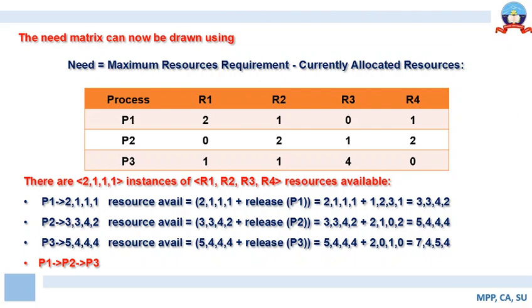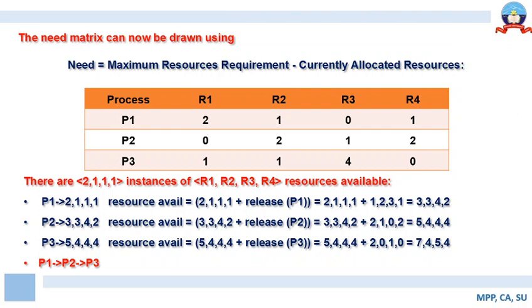So it will release both sets of resources. In total the system will now have 7454 instances of available resource, with P1, P2, P3 having completed their execution. Here I've selected the sequence P1, P2, P3. You can also select the sequence P1, P3, P2. In either way we will not have deadlock in the system.